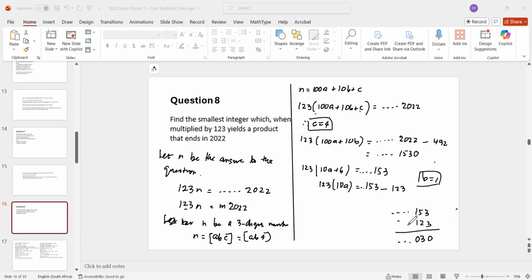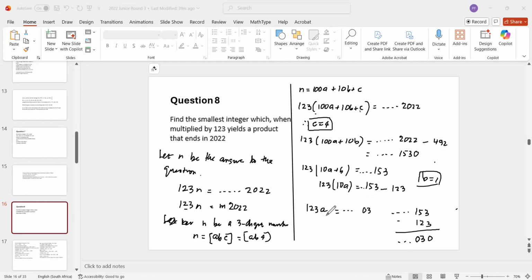If I divide by 10 on both sides, I have 123 times A equal to something, and this thing finishes off like this. So the last digits are 0, 3.